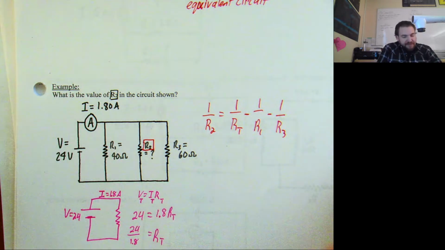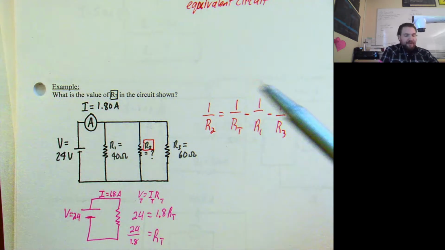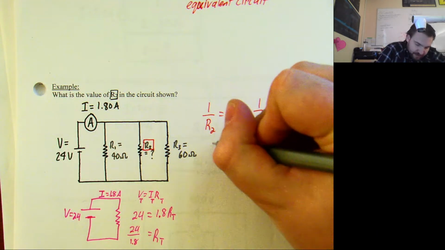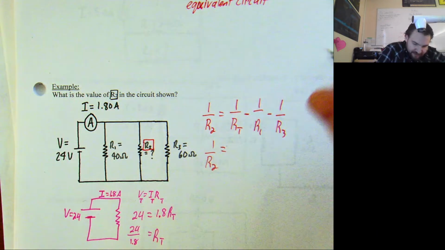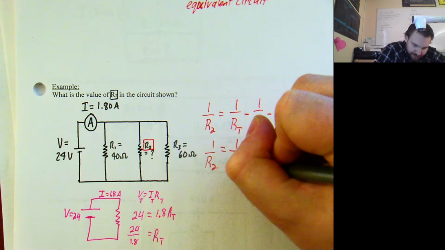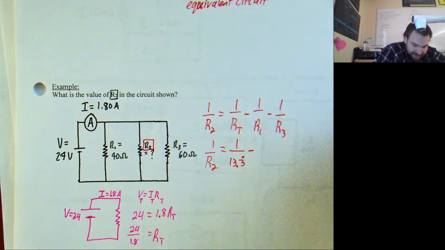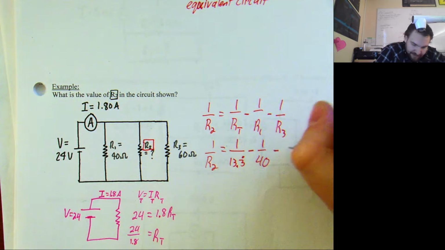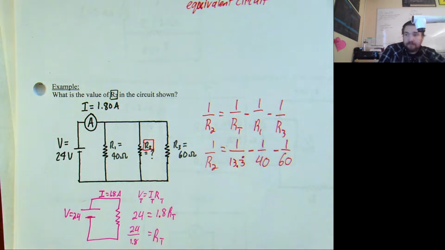We went through and we found it. We said, okay, well, total resistance then has to be 13.3 repeating. So now we can find out what my R2 is, because 1 over R2 is going to equal 1 over 13.3 repeating minus 1 over 40 minus 1 over 60.